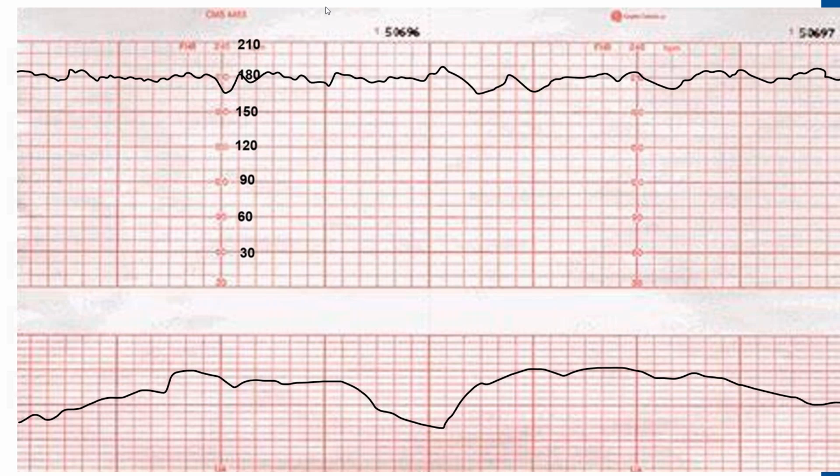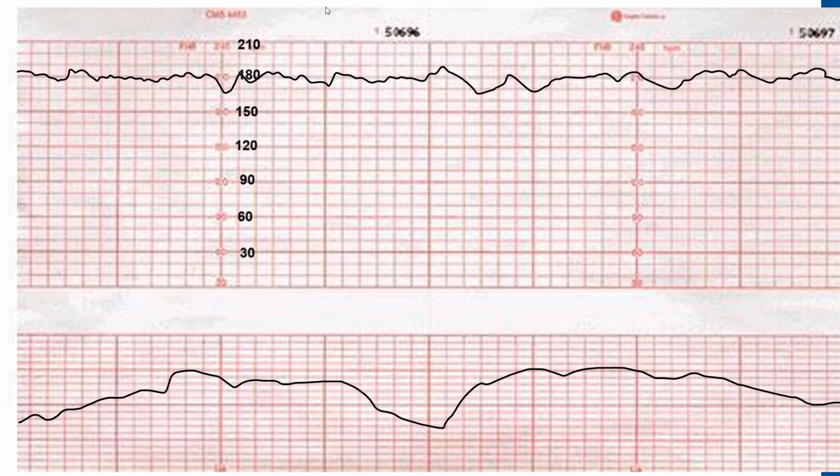And as she is in preterm labor, I will make sure that NICU facility is available and give her a dose of steroids. Particularly, she needs 2 doses of steroids.